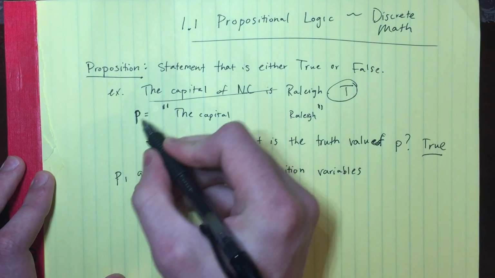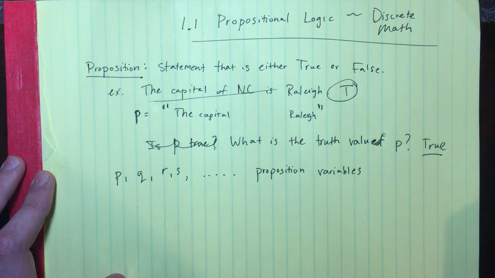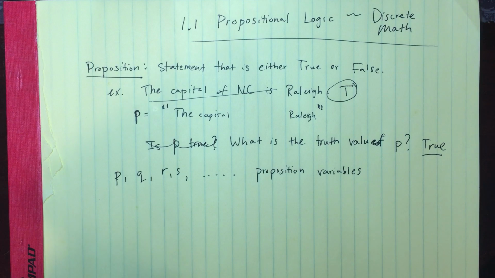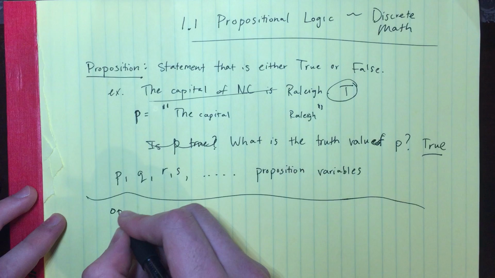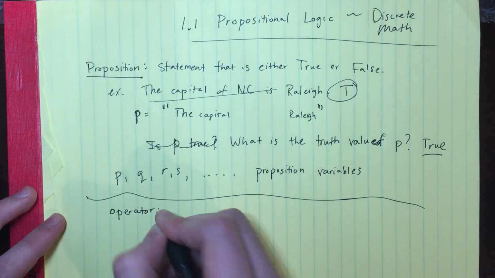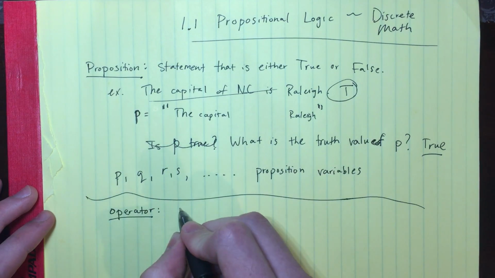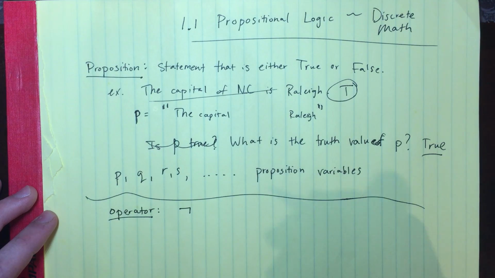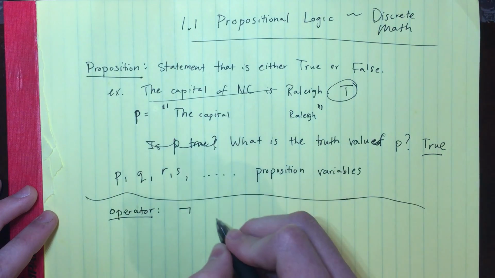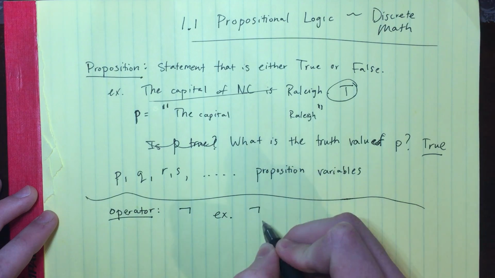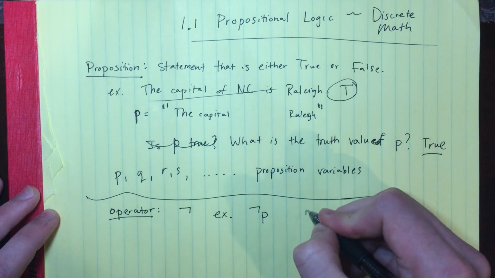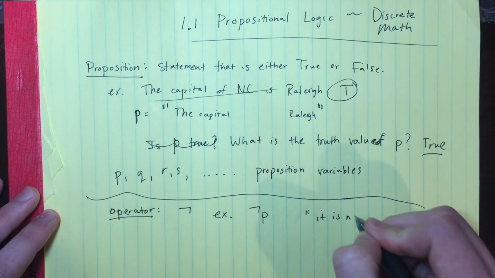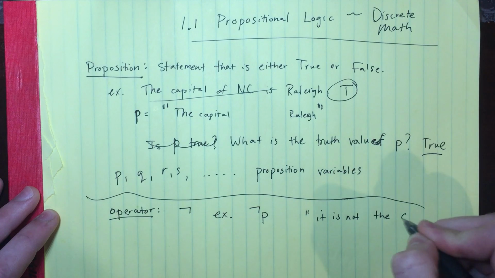You'll sometimes see P here, sometimes Q, sometimes R. It does not matter at all. Another thing is an operator. One operator we learn is the not operator. If you see P, an example would be not P. Basically, this means it is not the case.